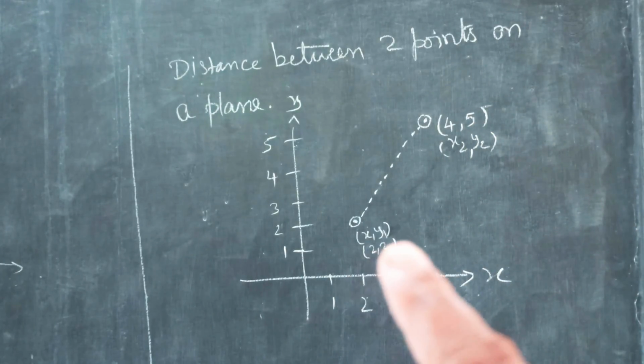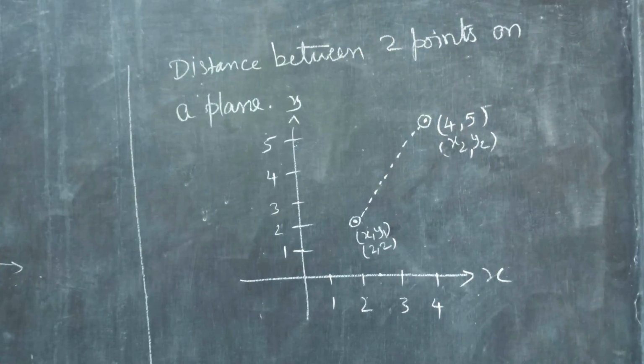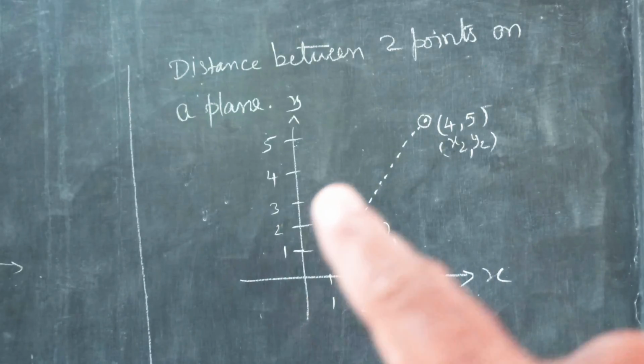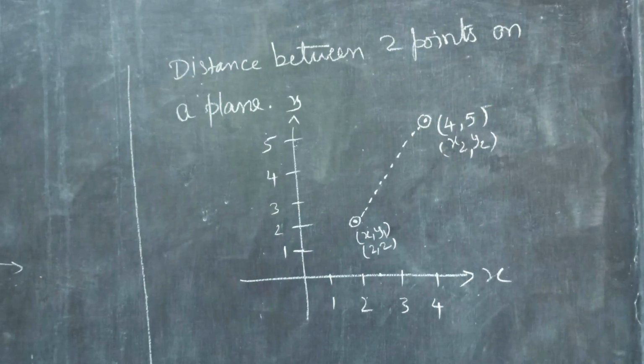The points are 2, 2 and 4, 5. This is what we are going to study. If the point lies on the plane, this 2, 2 and 4, 5, because they are not on an axis, we have a different approach to find it.